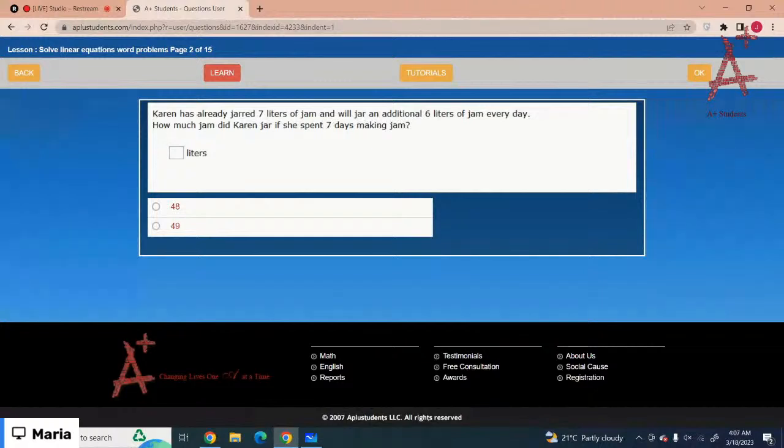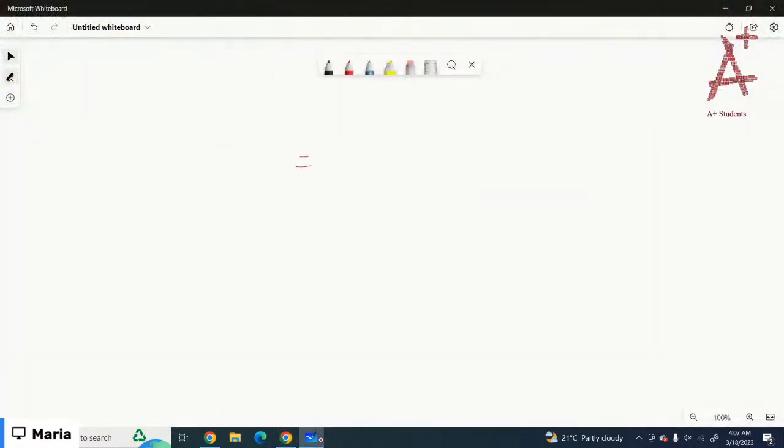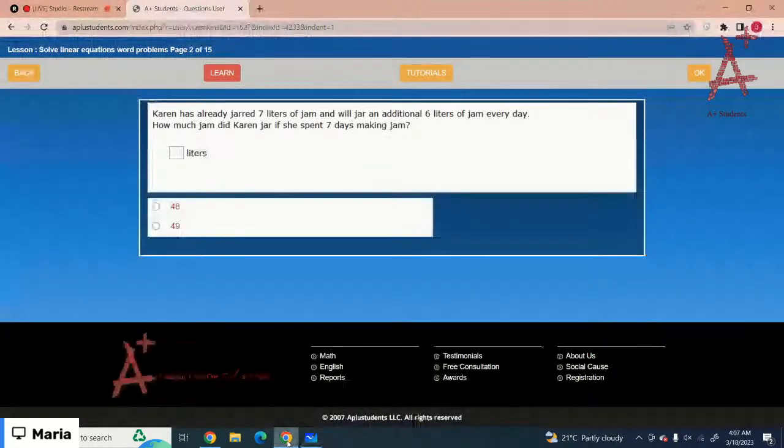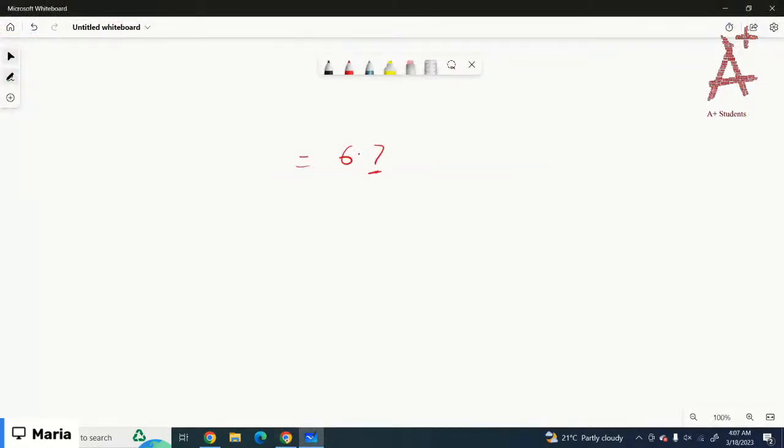So let's suppose X is the number of days. Let me read again: she already made 7 liters, and that is the one she already made, and 6 liters is the one she is going to make each day.